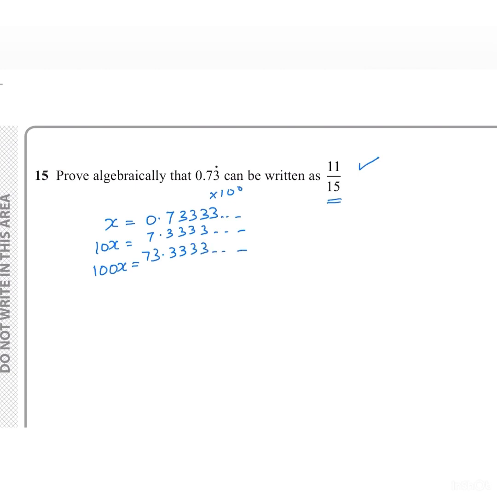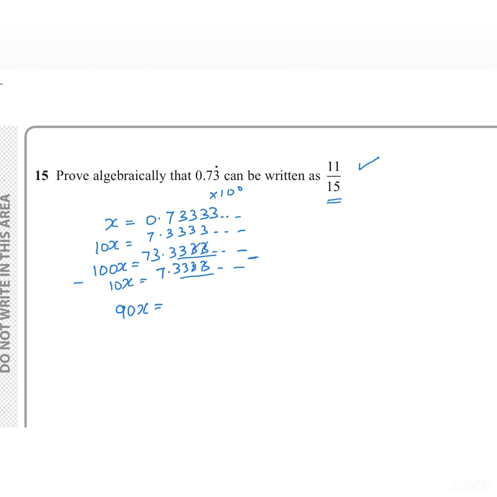Now, if you look here, if I did 100x, take away 10x. So I'm just going to write down 10x again underneath there, which is 7.333 and so on. If I take these two values away, all these recurring threes will cancel each other out because everything will be minusing with the other one. So 100x take away 10x is 90x.